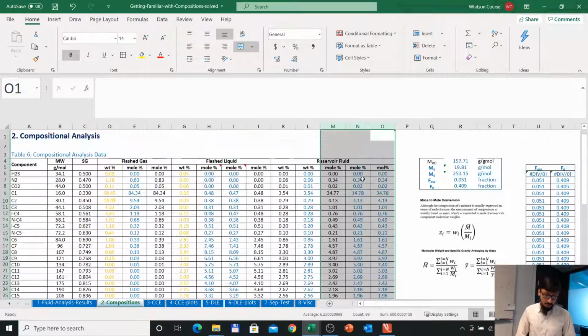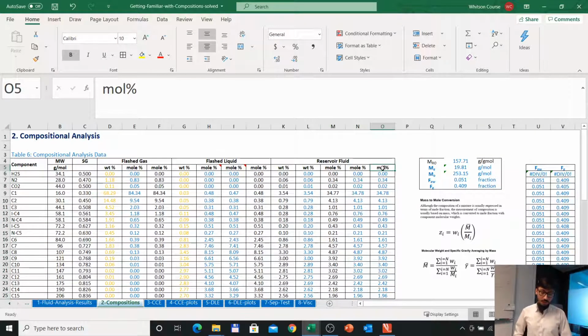So that's another way you can calculate the molar composition from the lab reported mass fractions.